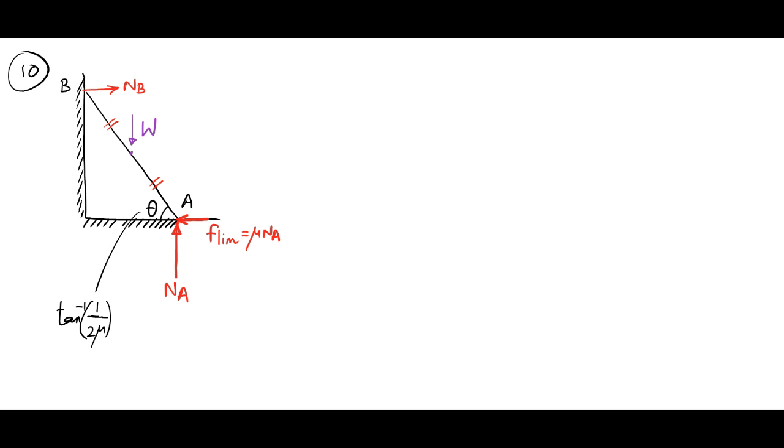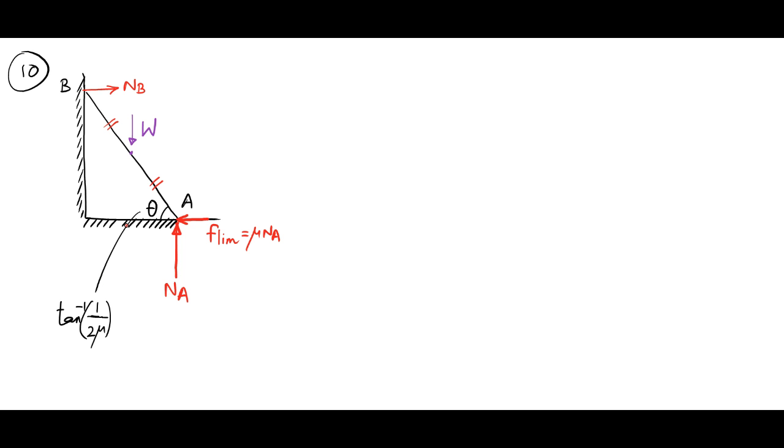Now just think for a moment, will this whole picture change if the weight of this uniform ladder changes? If I do the same experiment with a heavier rod, but everything else is the same, that is the value of mu is the same, for example, then don't I get the same value of theta?